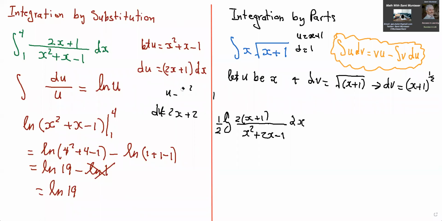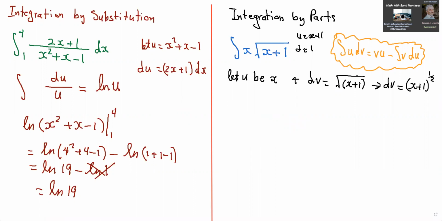So now let's focus on working on the integration by parts. As I say, I let u be x, or equal x. Maybe I should write equal x. Yeah, we need the space anyways.